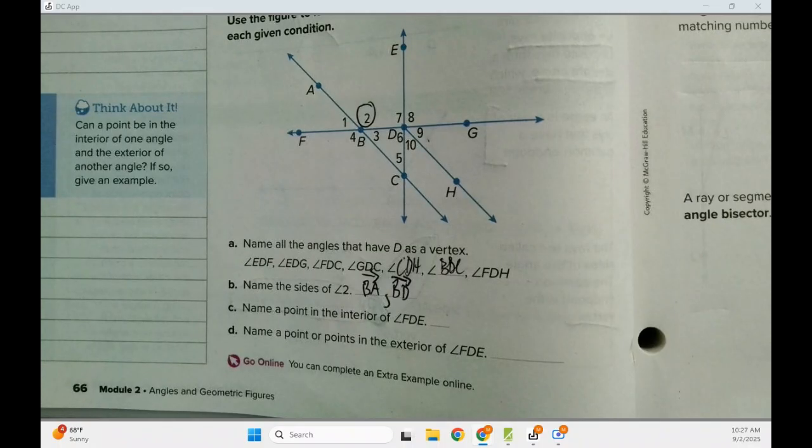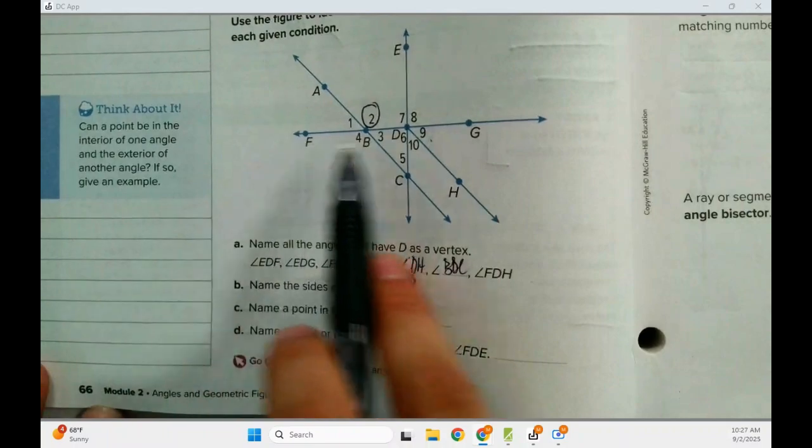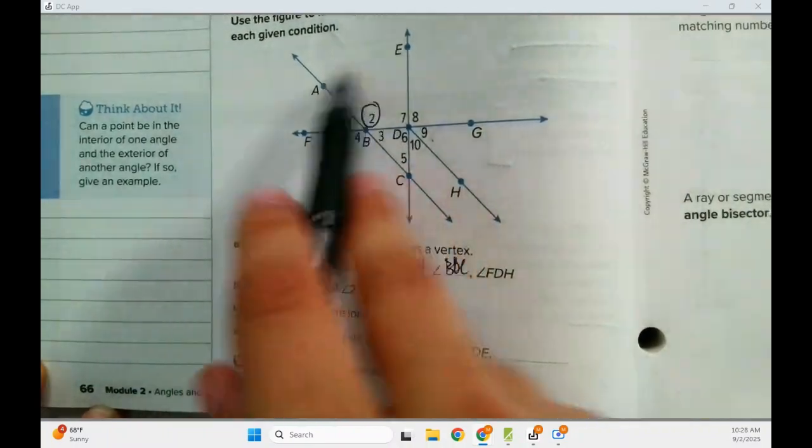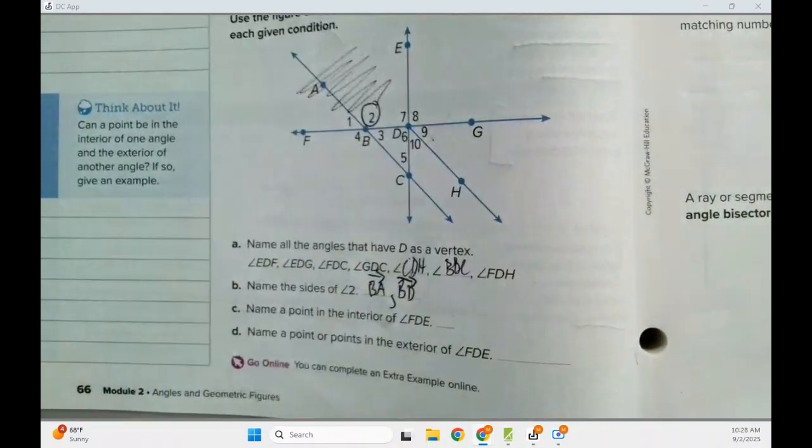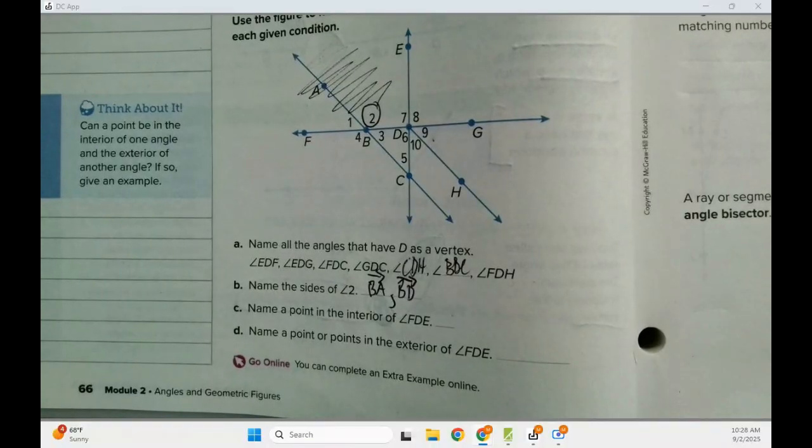Okay. Part C, name a point on the interior of angle FDE. So find FDE. What's a point on the interior? Right, here's FDE. The interior is all the stuff Pac-Man can eat. So what's a point that Pac-Man can eat?